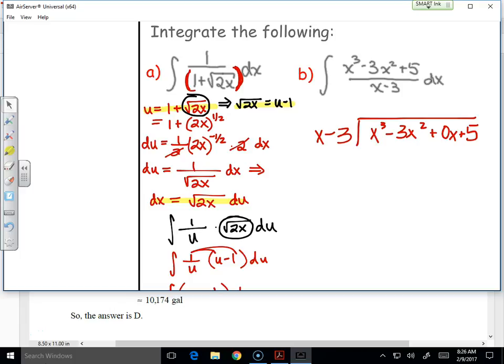Group number 4, walk it on back. Number 5, let me see. Who has stuff for me?